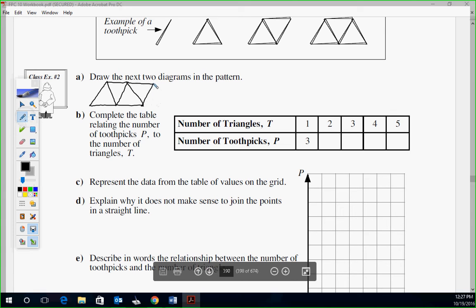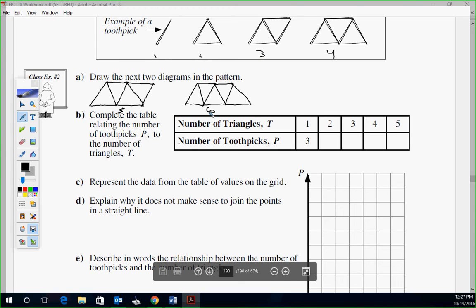So that'd be the next one. And if I do that again, this one would be the next one. So here is figure 1, this is figure 2, figure 3, figure 4, we did figure 5, and figure 6.